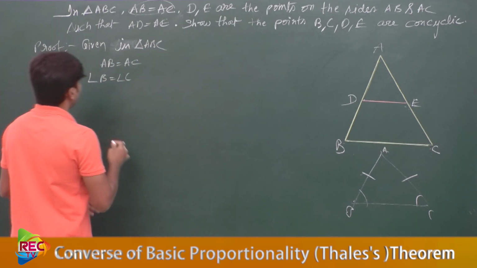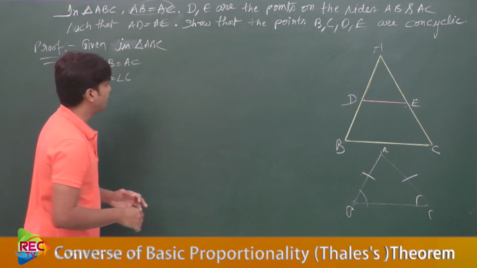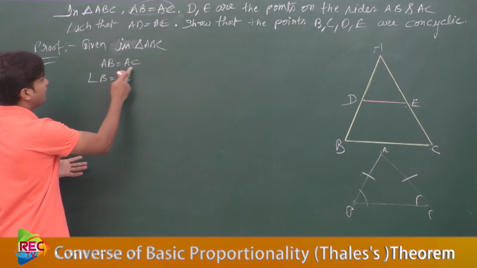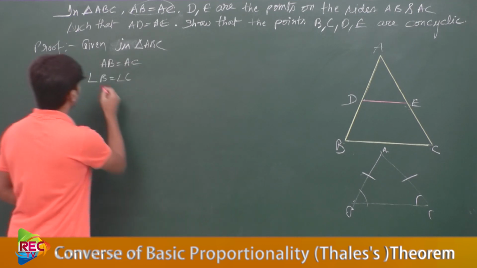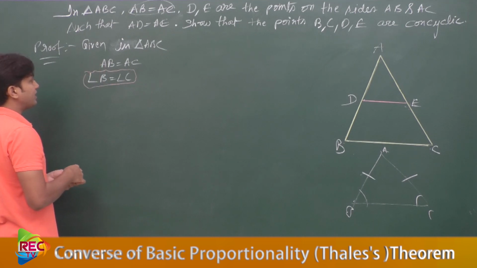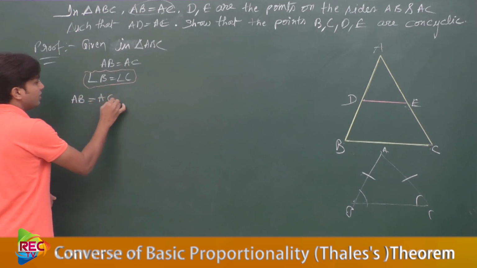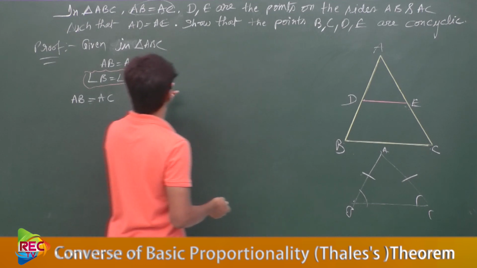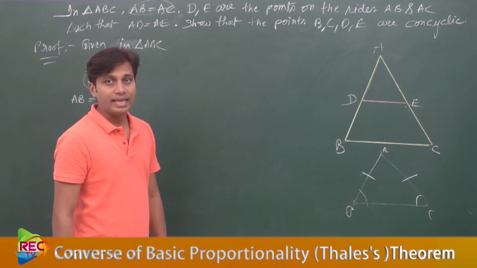And one more thing. Now see, don't get confused, I'll slowly explain this part. See, angle B equal to angle C, and we have been given AB equal to AC. So just keep this condition aside. Now take AB equal to AC again. Now if you look at this, we have been given another condition also, AD equal to AE.